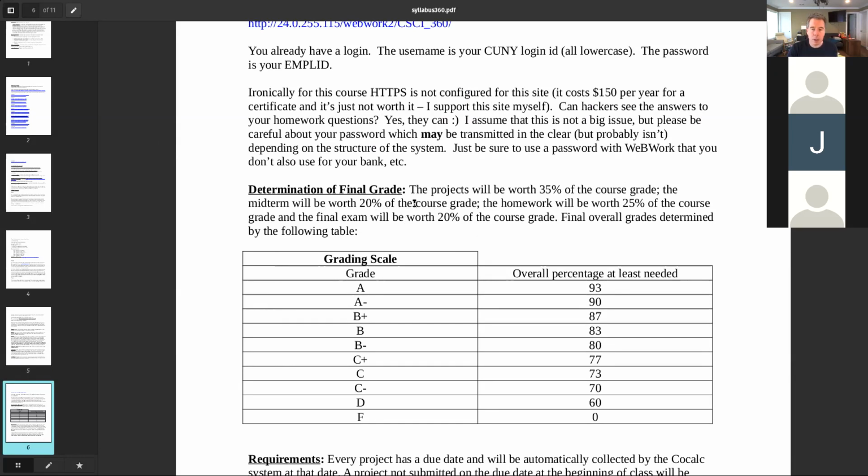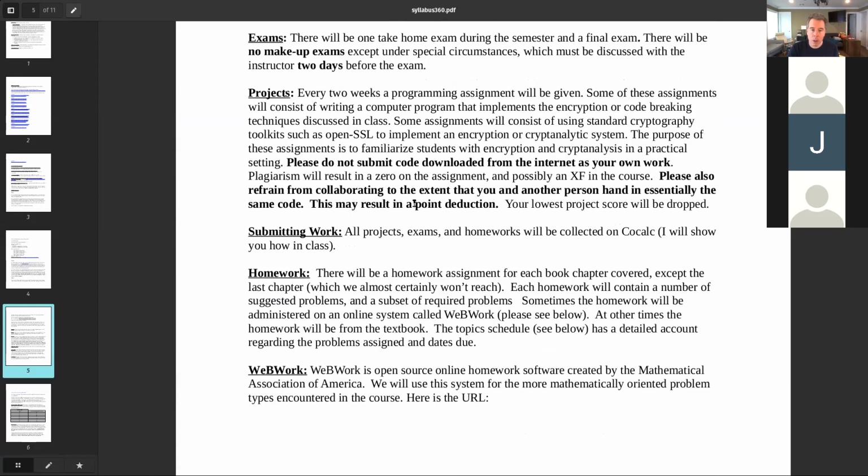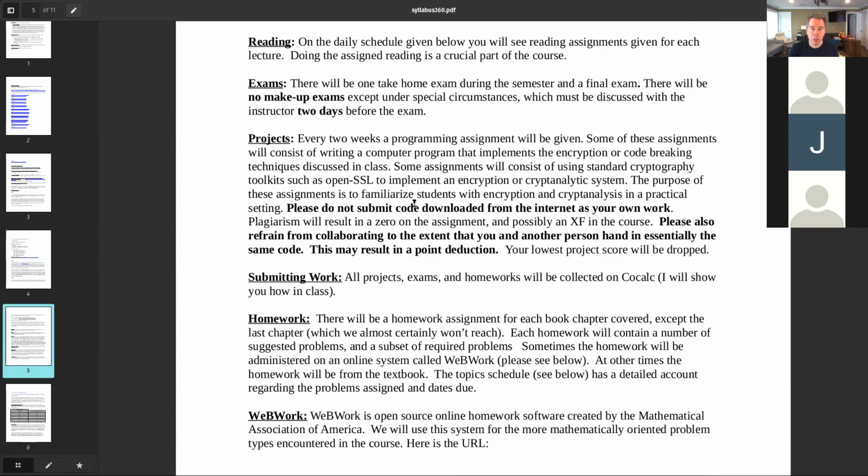So that's how your grade is determined. I think you get to drop something. You get to drop the lowest project. Your lowest project score will be dropped. Okay, so that is the administrative stuff.